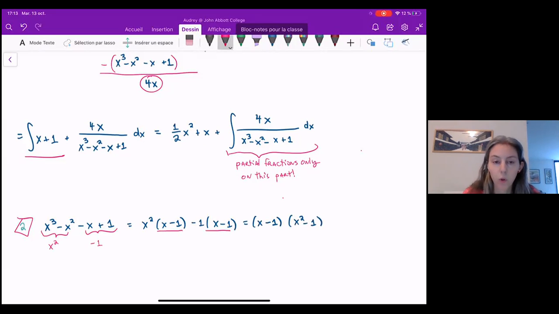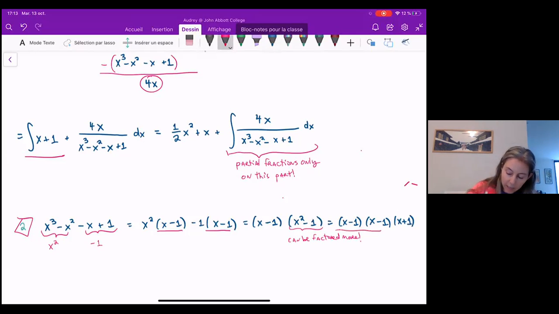Be careful. We are not done factoring. This x squared minus 1 can be factored more. In fact, it's a difference of squares. So this becomes x minus 1, then x squared minus 1 is x minus 1 times x plus 1.